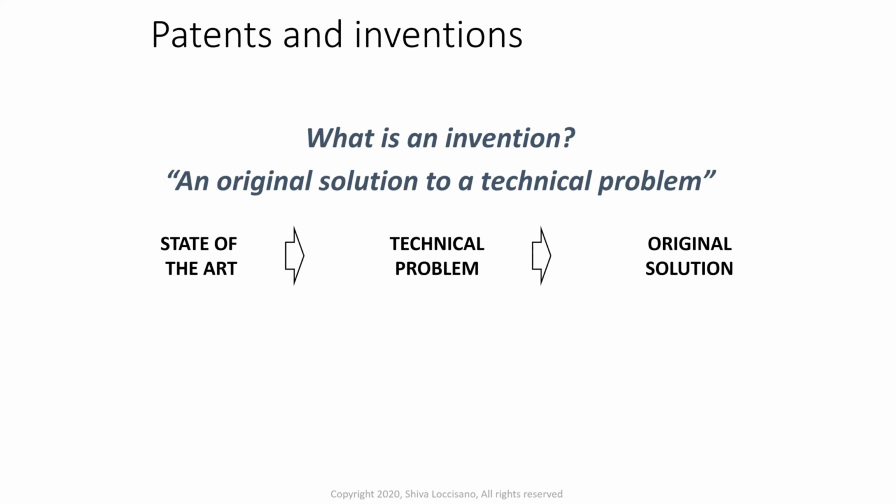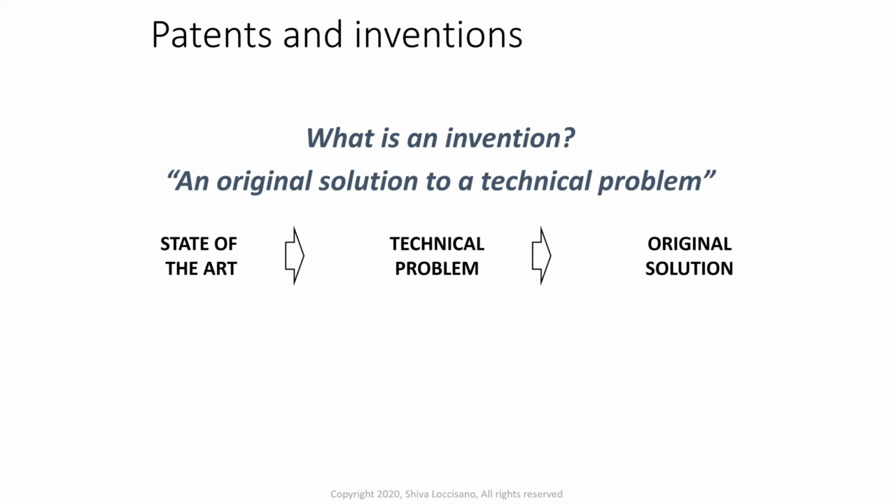Okay, so the logical framework to understand if we have an invention that we can eventually protect through a patent is that we start knowing what is the state of the art of that specific field. Then we can identify some unmet need, some unsolved technical problem in that state of the art, and we come out with an original solution to that technical problem.